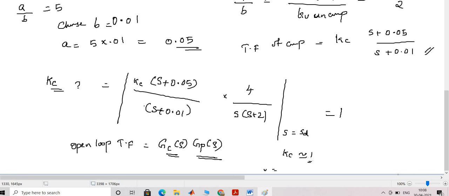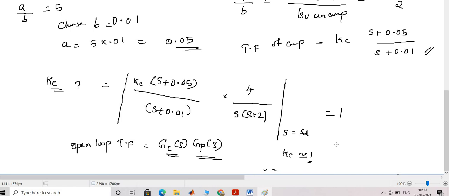In the case of lag compensators, most probably the value of Kc, that is gain of compensator, will be 1. So here we got Kc equal to 1.